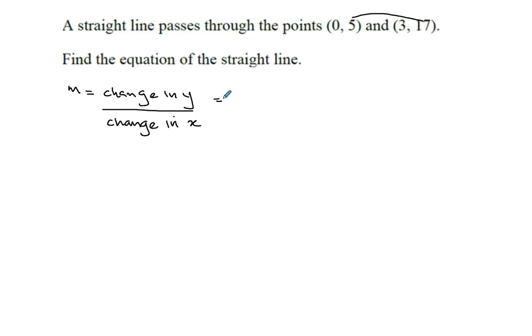So your change in y from 5 to 17 goes up 12, and from 0 to 3 goes up 3, so 12 divided by 3 is 4. So the first part of your equation is y equals 4x, because that's the gradient.